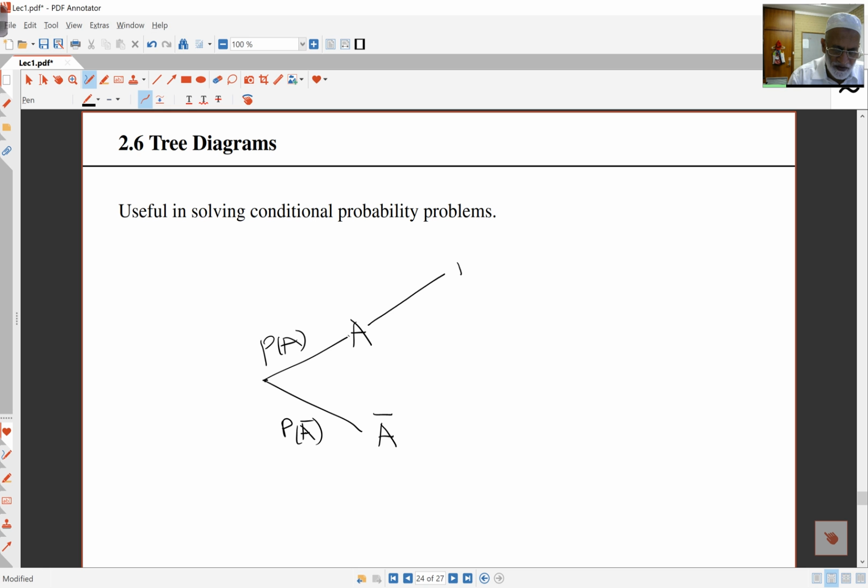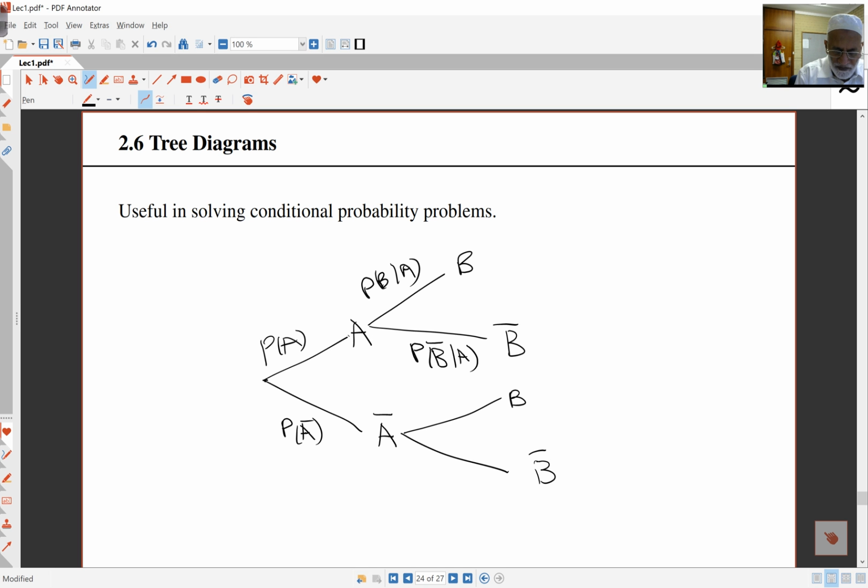Once A has happened, either B happens or B doesn't happen. So the probability in this arm is going to be the probability of B happening given A has already happened. And this arm is the probability of B not happening, B complement, given A has already occurred.